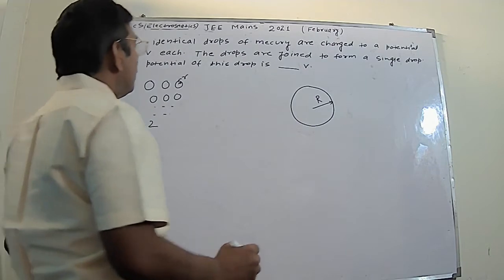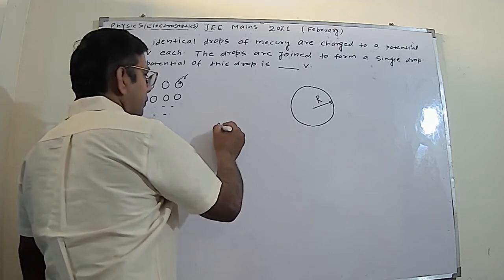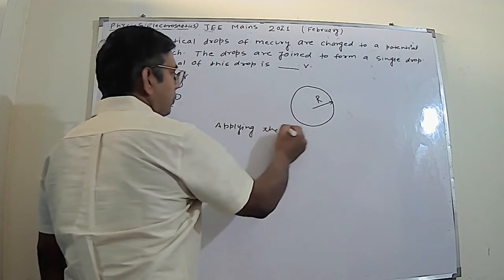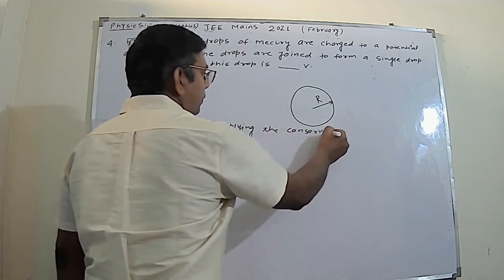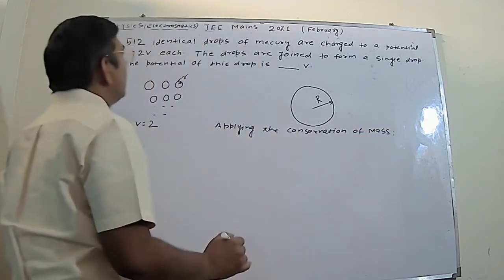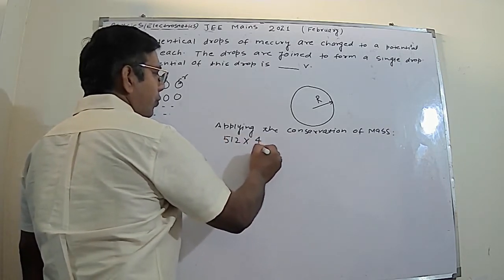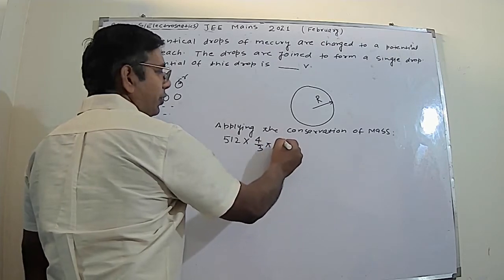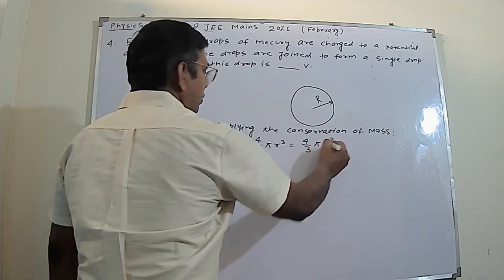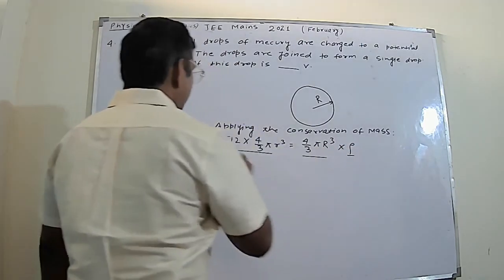Applying the conservation of mass, here we are having 512 into 4 by 3 pi r cube is equal to 4 by 3 pi R cube, this is volume and this is density.